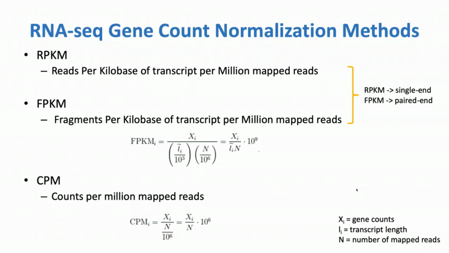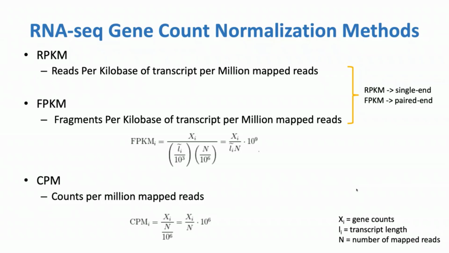That's why I put that slide in, so you see the same thing. It's just nomenclature. FPKM or RPKM is reads per kilobase of transcript per million mapped reads.